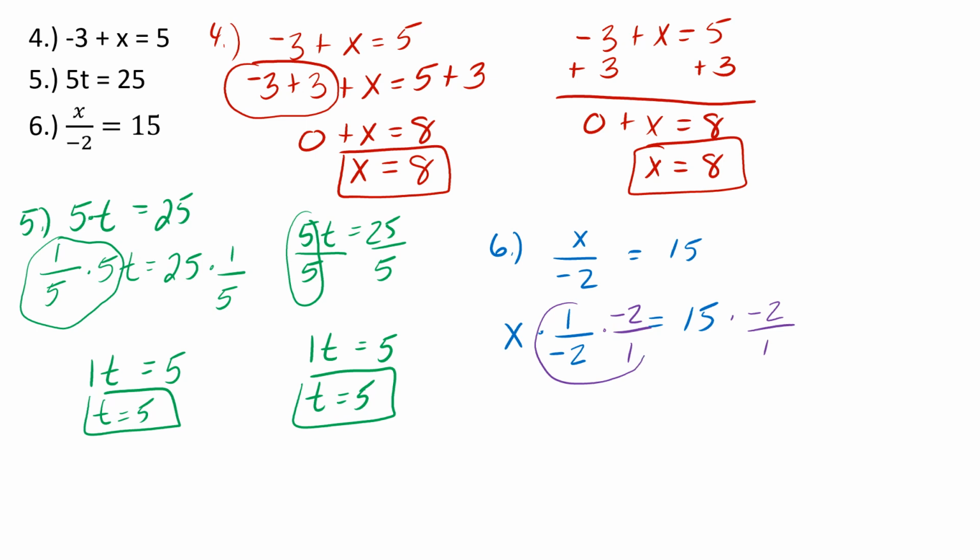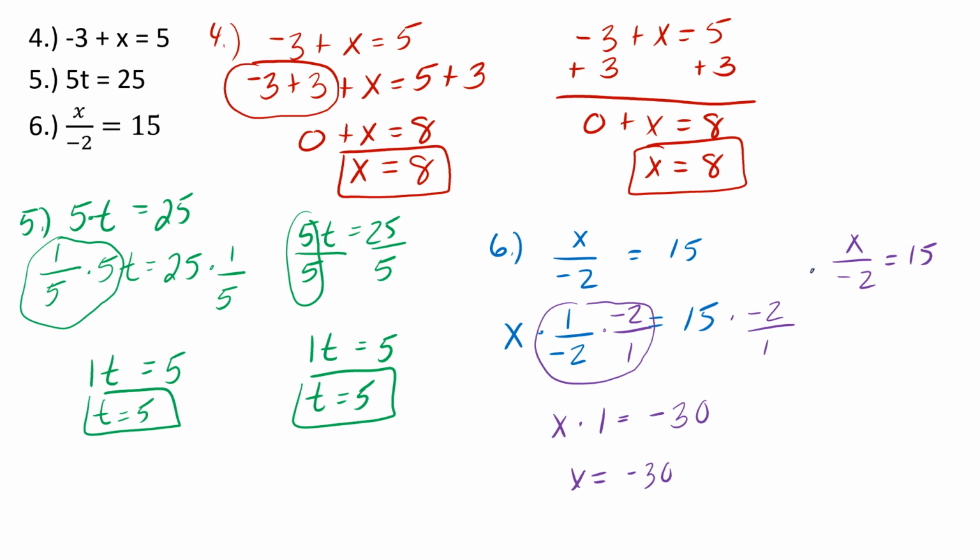Right here, a number times its reciprocal is equal to 1. And over here on the right, 15 times -2 gives me -30. So x is -30. The more common way of doing that and showing the work would be to reason it this way. This here is division, and we undo division with multiplication.